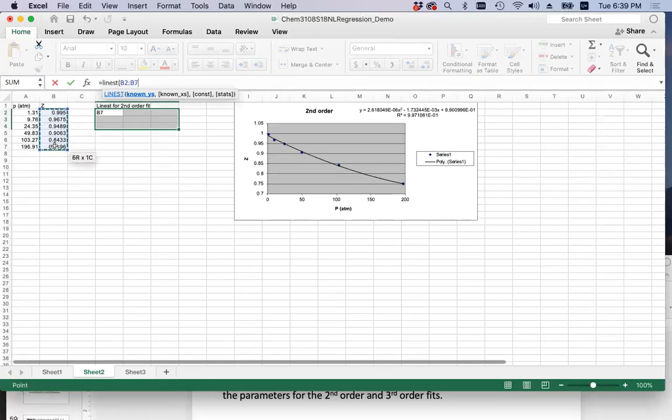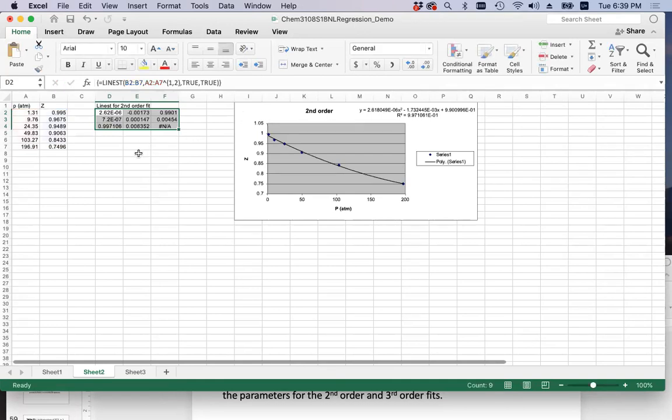That's this cell range here. Then I want the known x values. And in order to get it to do a polynomial fit, I'm going to raise the x values to the power of 1 and 2. Then I'm going to tell it to calculate the constant term in the normal way, so I'm going to click on true. And then I'm going to tell it I do want it to return extra regression parameters. Close my parentheses. Now I'm going to simultaneously hit Control, Shift, Enter, and then I get the parameters.